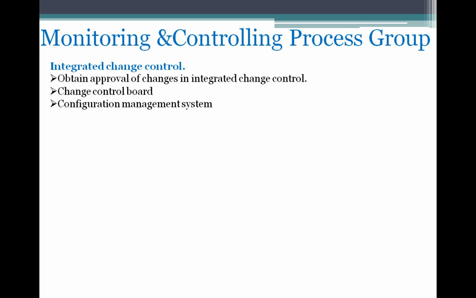And then through the configuration management system of the organization, version control of these project documents, this project planning document version will be changed, and that new changed project planning document will be the baseline version.